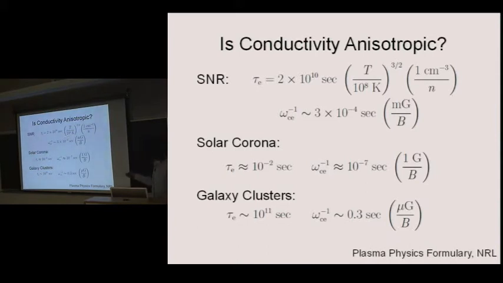So if you take some kind of typical numbers for temperatures and densities in supernova remnants, or the solar corona, or in galaxy clusters, you find that in each case, the electron collision time is much longer than the gyration time, which means that you undergo a lot of gyrations before you collide, and that means that this anisotropic conduction is an important effect in your problem. So the heat conduction really is going to be along field lines, and not across them. I mean, the difference between these scales is orders of magnitude.